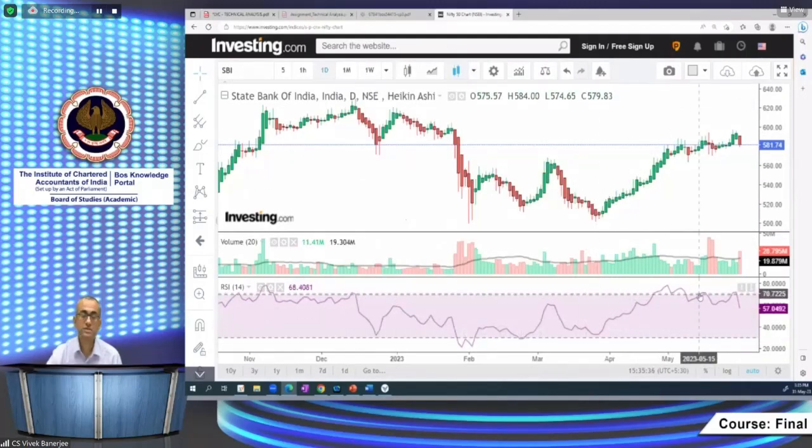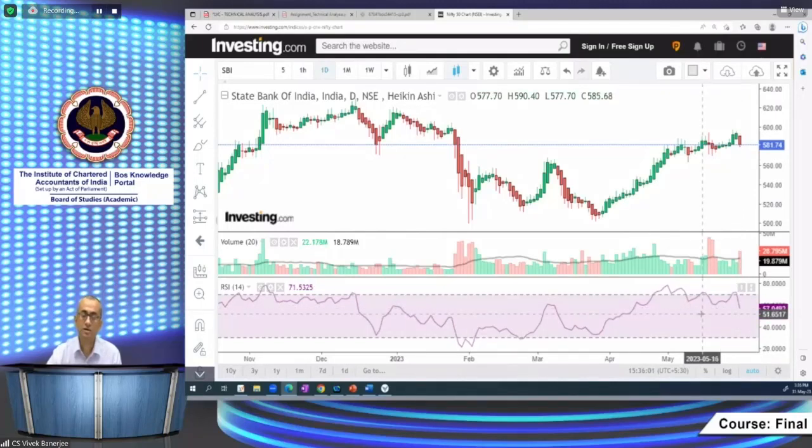If you can see the SBI relative strength, if it reaches this point 70, it is considered very good. At this point, generally the technical analyst will suggest to buy the shares. Right now the relative strength is near about 60, it is 57, 58.